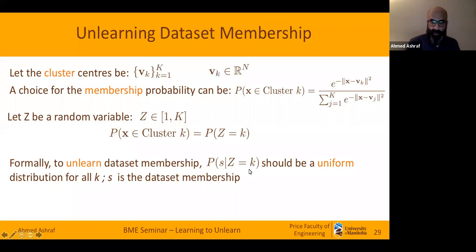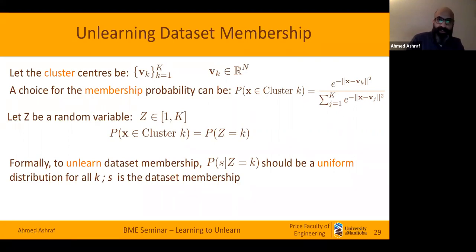So this conditional distribution should ideally be a uniform distribution, which means that it should be as random as possible. Because if it's not random, if it is lopsided, I can start making inferences about what S is. So it should not tell you anything about S. And that actually means that it should be as uniform as possible.